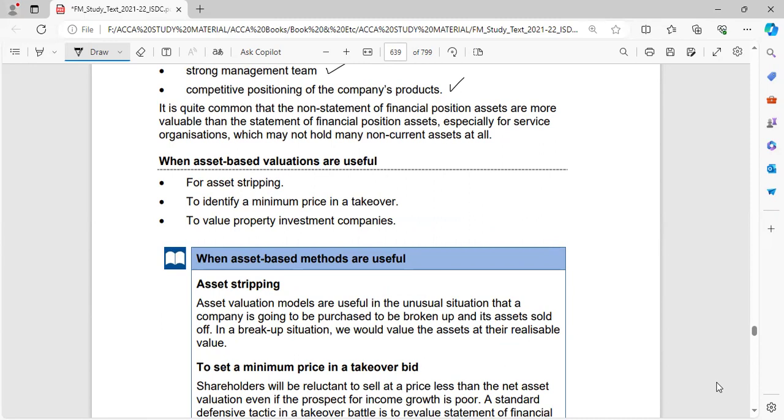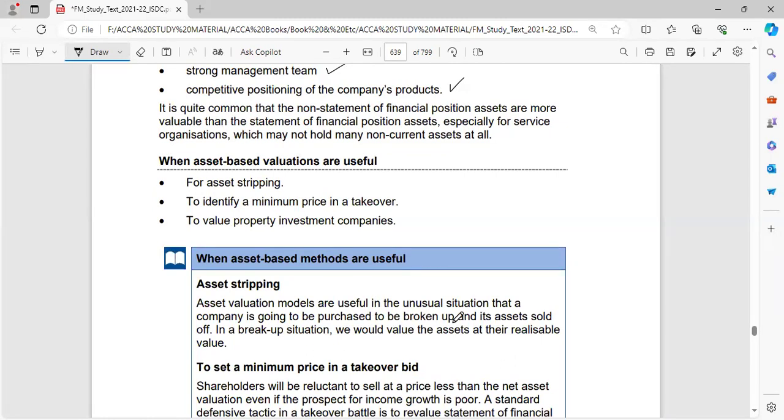Asset stripping means where we are acquiring an organization with the intention that we will sell its assets, or we will sell the acquired organization in different pieces.